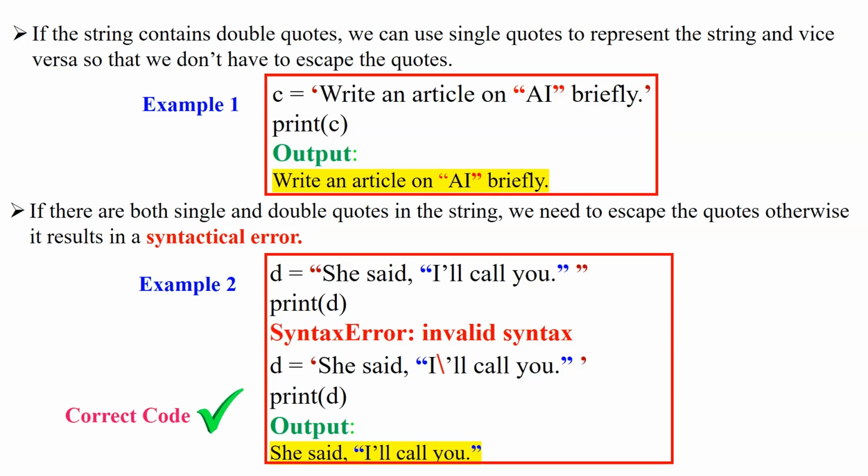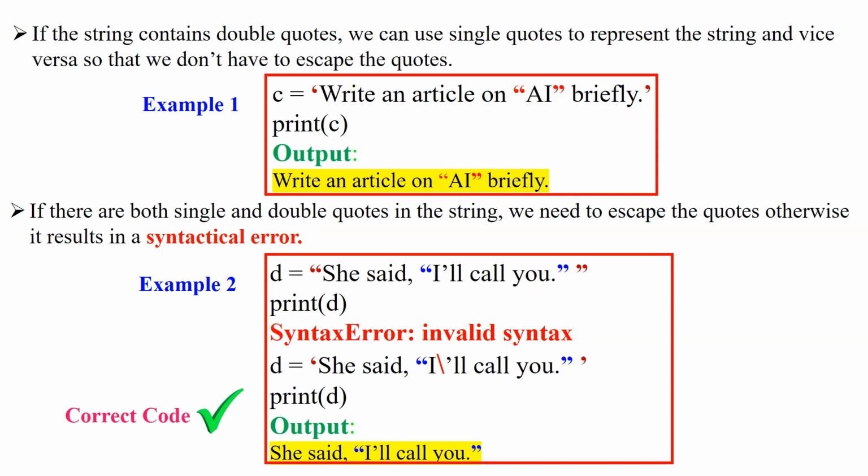The double quotes around AI are regular double quotation marks, not backticks or single quotes. When the print function is called with the variable c as the argument, it outputs the string "Write an article on "AI" briefly." The output appears exactly as it was defined in the code, with the double quotes around AI properly included within the printed string. Now come down to the next.